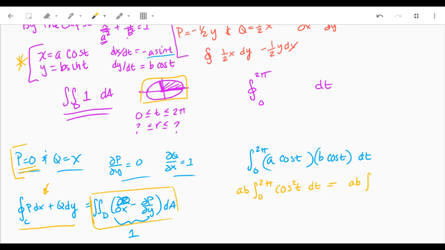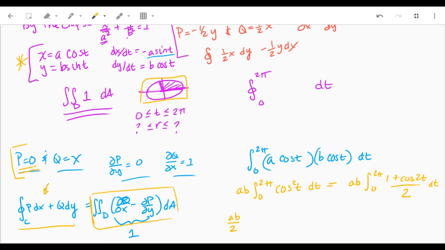Integral from 0 to 2 pi of (1 plus cosine 2t) over 2 dt. I'm going to take the 2 out, so we have AB over 2.